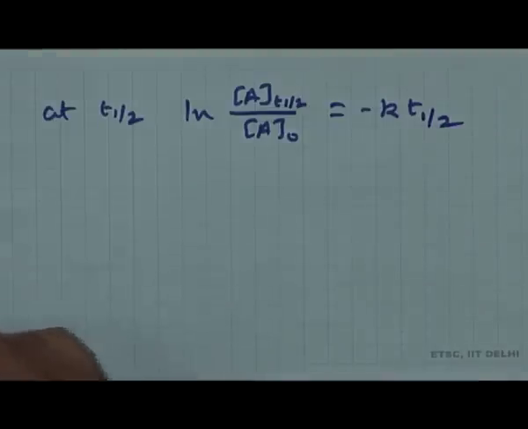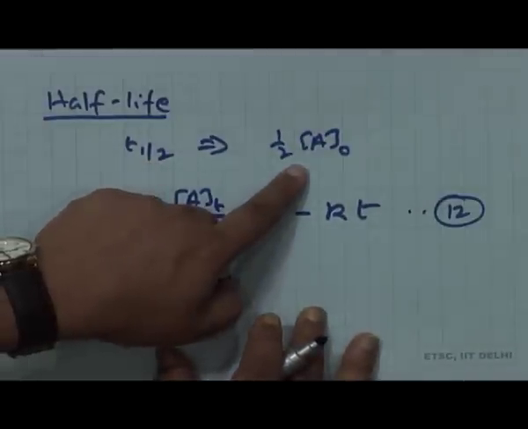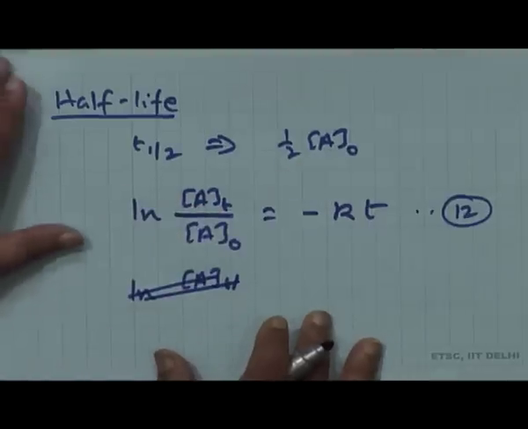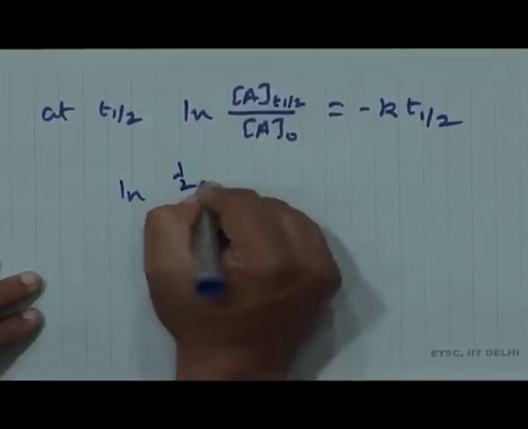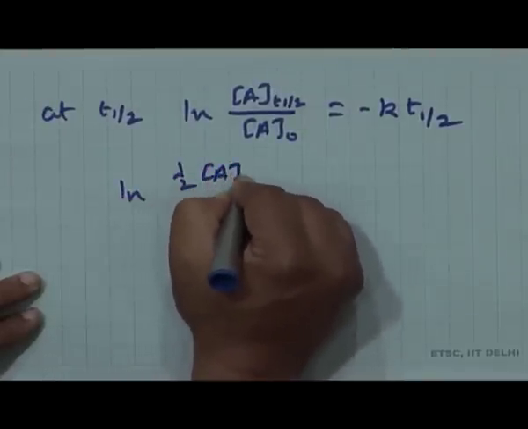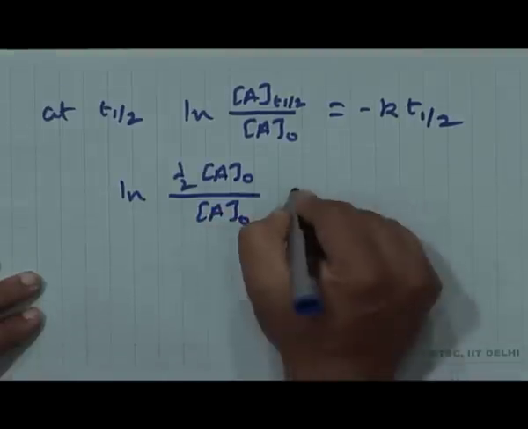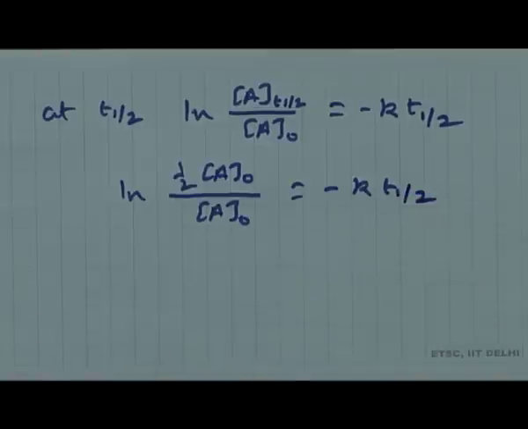Okay. Now, by definition T half is that time where the concentration has become half of A naught. So, then I can write natural log half A naught over A naught is equal to minus k T half, isn't it.